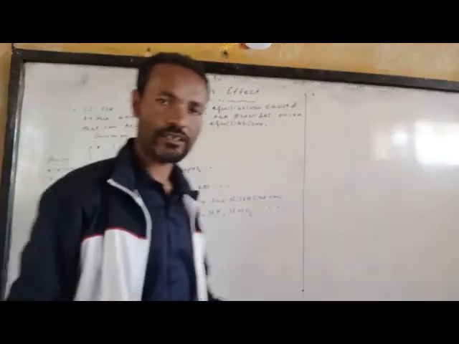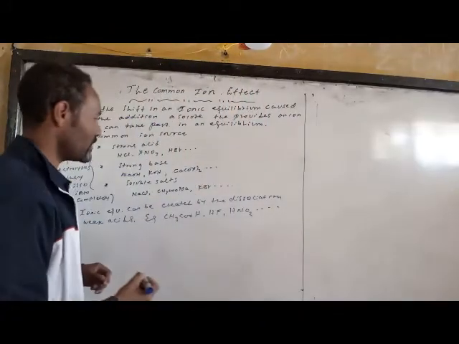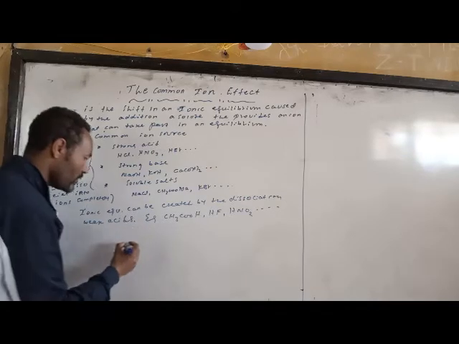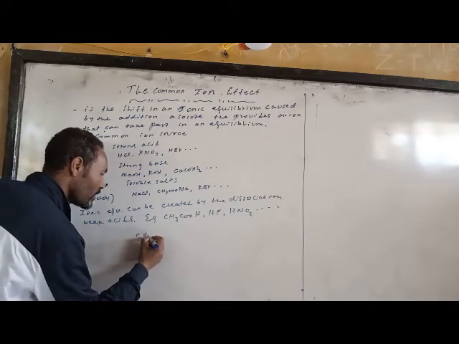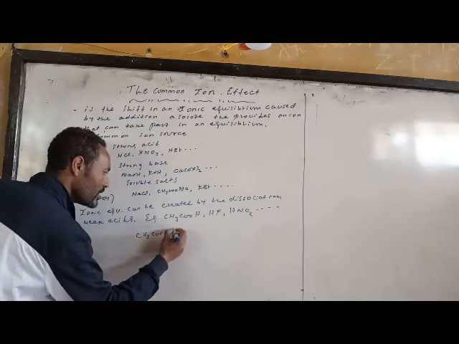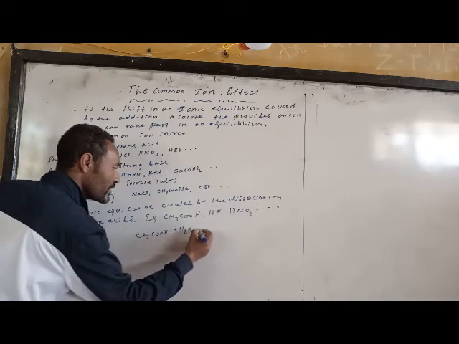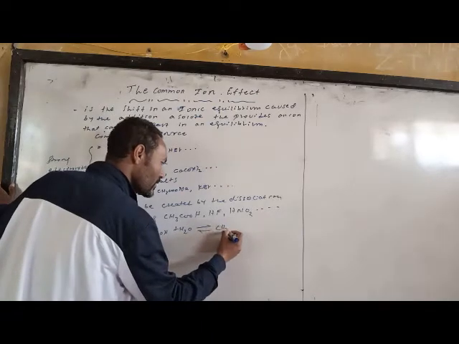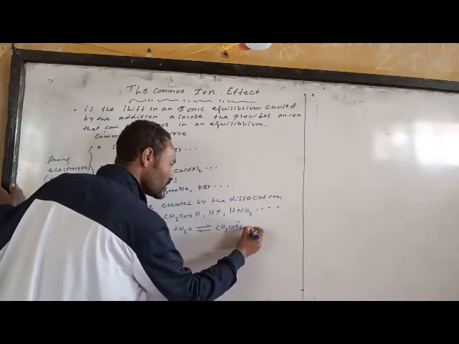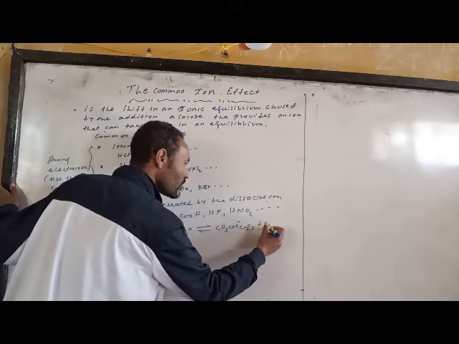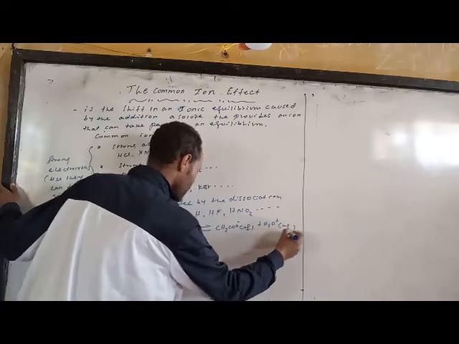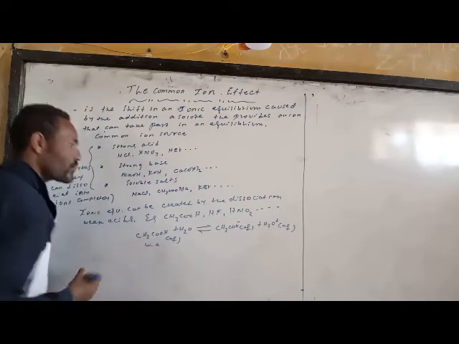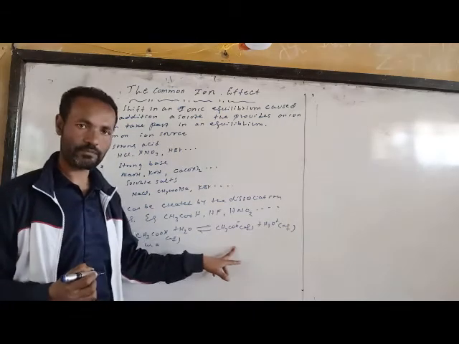Since these are weak acids, they partially dissociate in water, producing a chemical equilibrium. So here, when acetic acid gets water, it can dissociate very slightly, forming acetate ion and hydronium ion. So as you can see here, since this is a weak acid, it produces a chemical equilibrium.